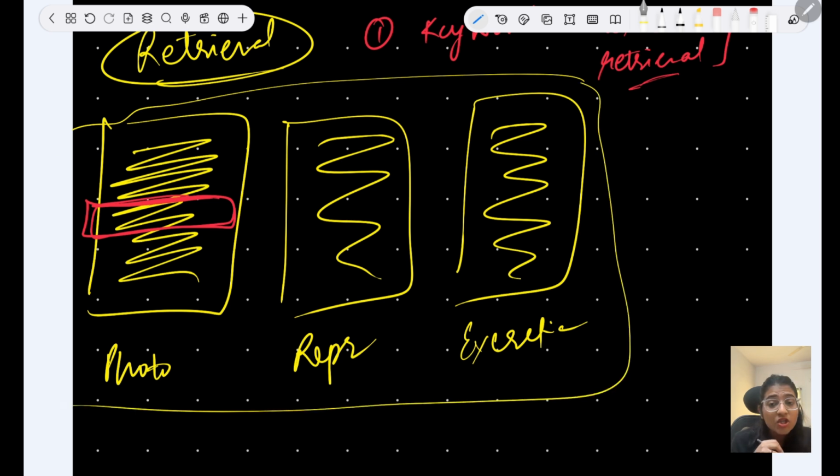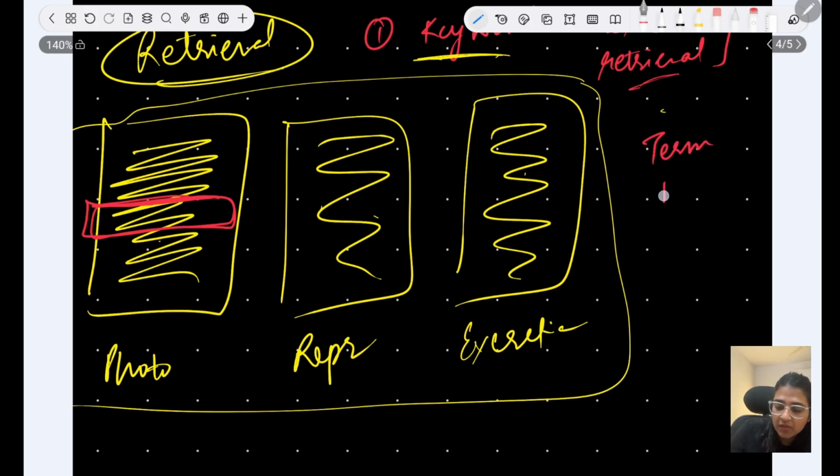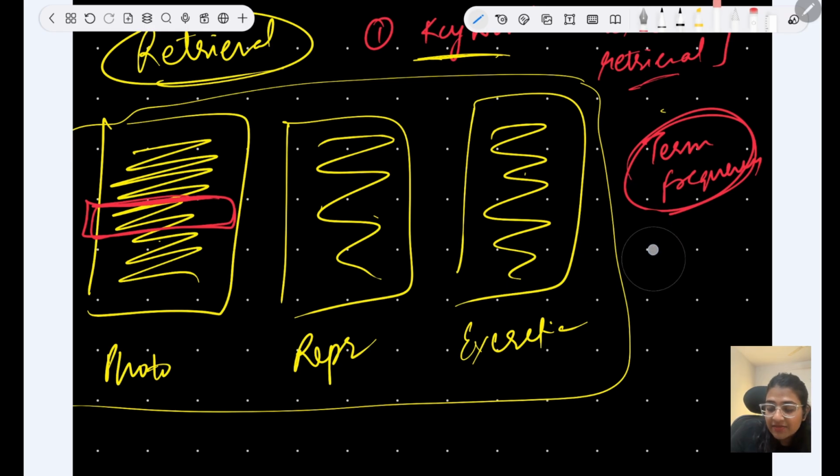That's a very big knowledge base, right? Now, when I do keyword searching, I am getting photosynthesis in all 3 of them. So one way to find which one is actually talking explicitly about photosynthesis is term frequency. Which document has the keyword the maximum number of times?